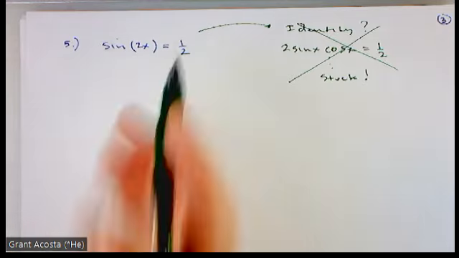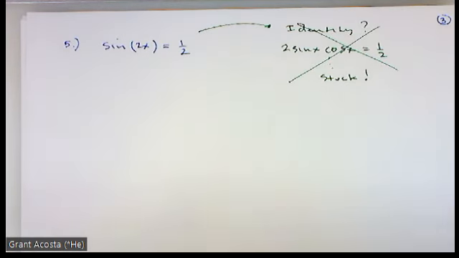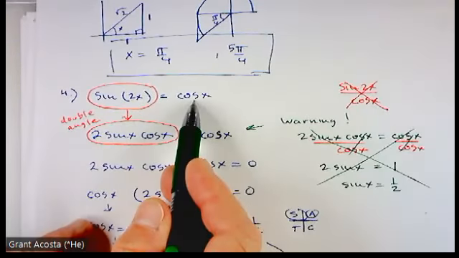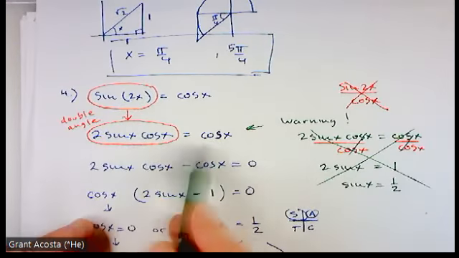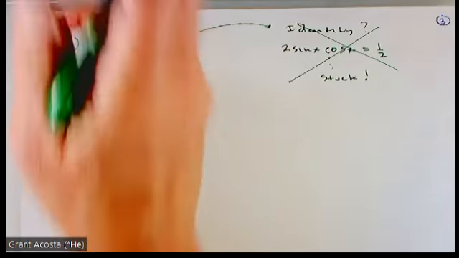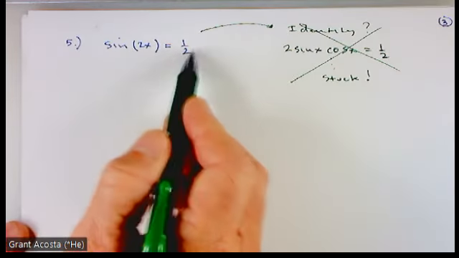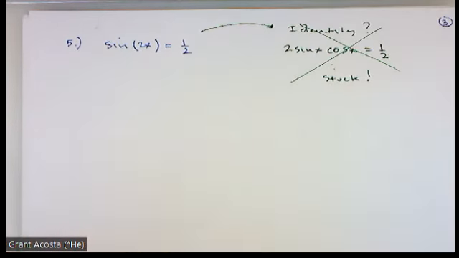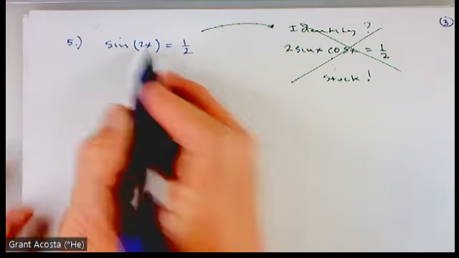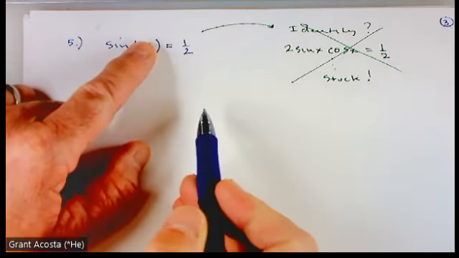What's different here from the previous problem is that there I had sine of 2x equal to a trig function, and that helped me out by using the identity. But if I've just got one sine equals a number, then we're going to use the other technique we talked about previously, which is to first pretend that that's just x.